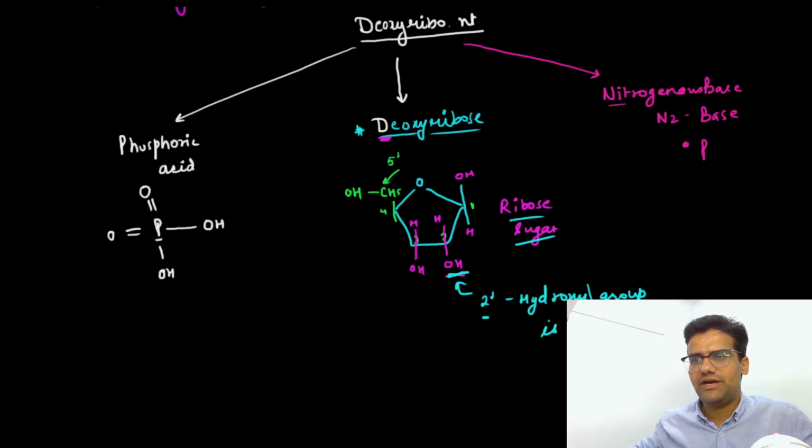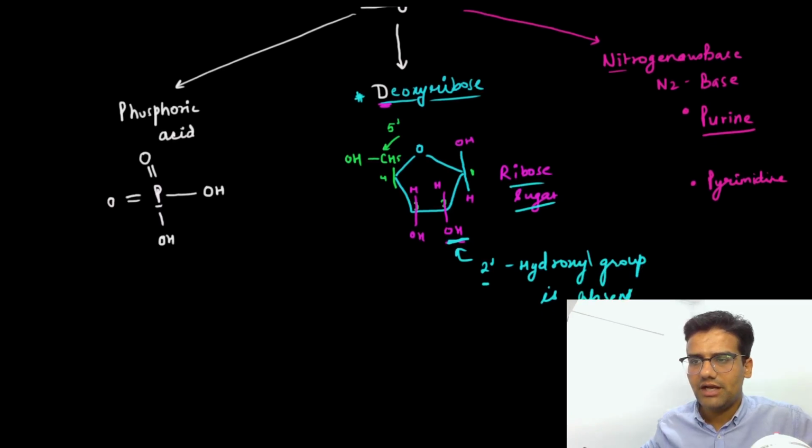These are further divided into two parts, which are purine and pyrimidine. Further, we will also see some basic structure of the purine and pyrimidine.